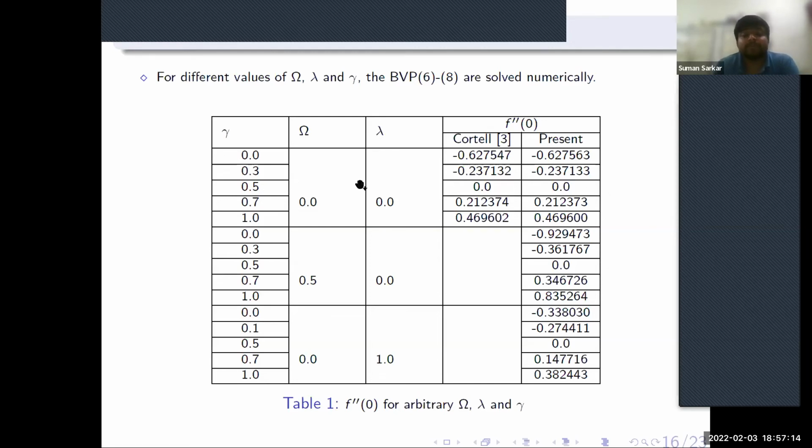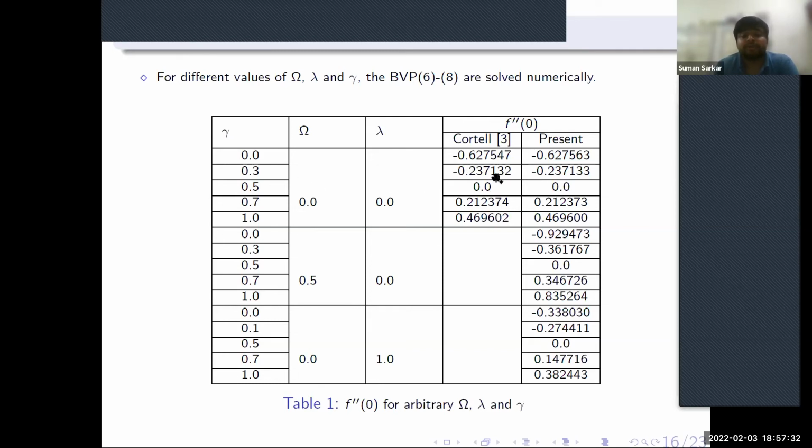The first part of the table contains the case when omega and lambda are 0, and we compare our results with Cotell's results. It shows good agreement, and we are confident enough for further computation.